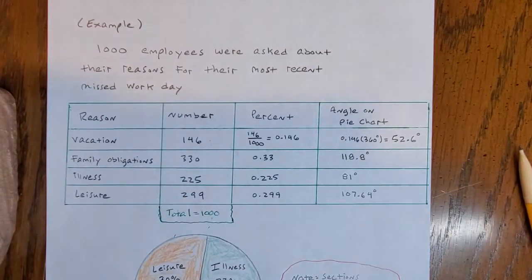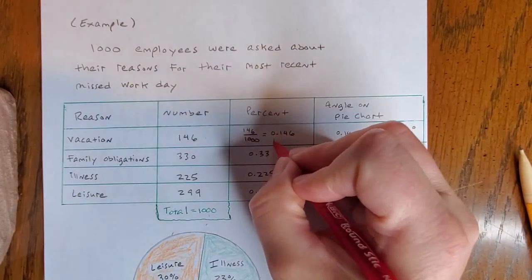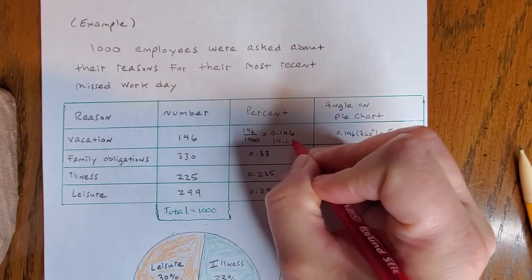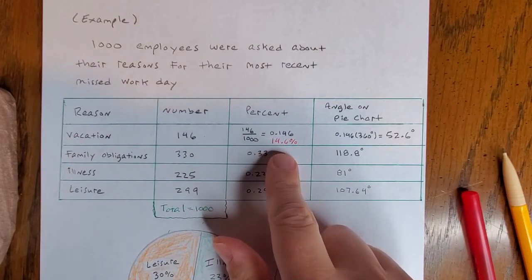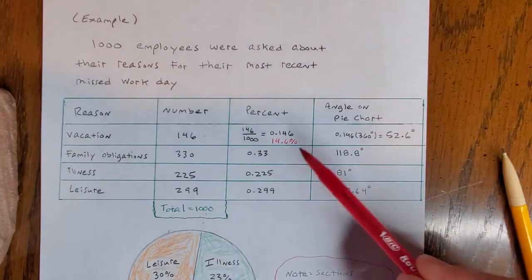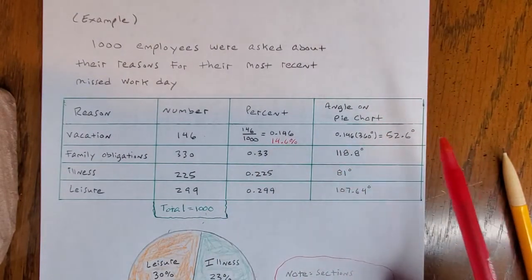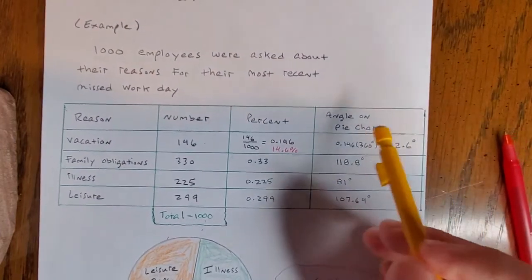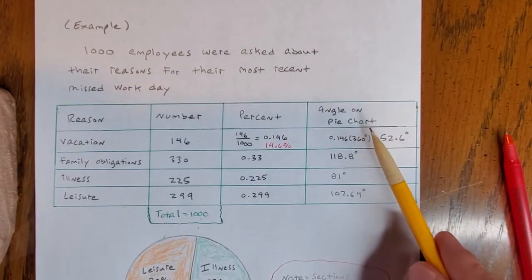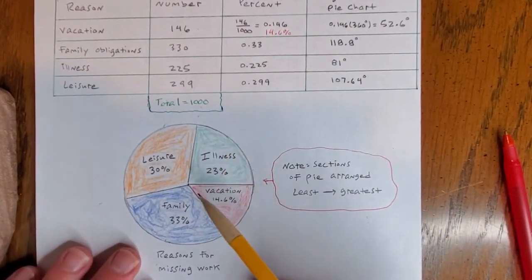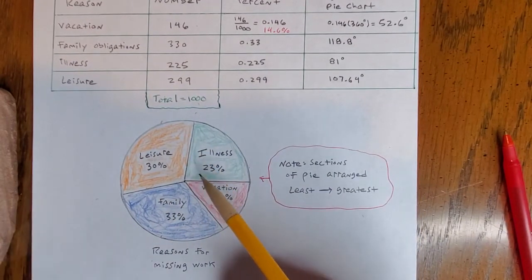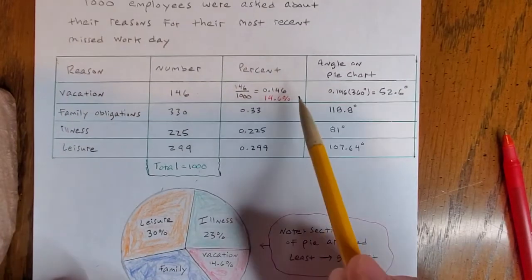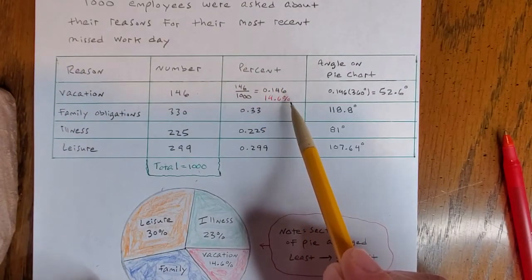0.146 would be 14.6%. And for the sake of drawing or looking at a pie chart, you could say 15% or something like that. Now, if we actually have to measure or build a pie chart ourselves and want to make sure the angle is correct, what is 14.6% of a pie chart?